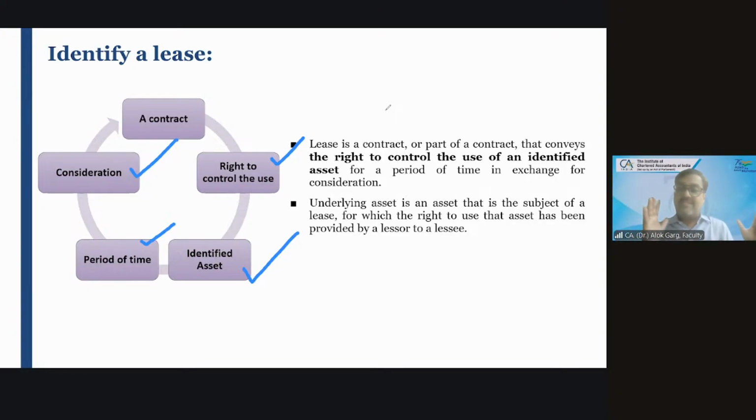From the lessee perspective, only the residual value guarantee given by the lessee was considered, and it is also considered for the lessor. But since the lessor is the owner of the asset, it doesn't matter who is providing it. If other parties are also providing, then it is also required to be considered from the lessor perspective, right?